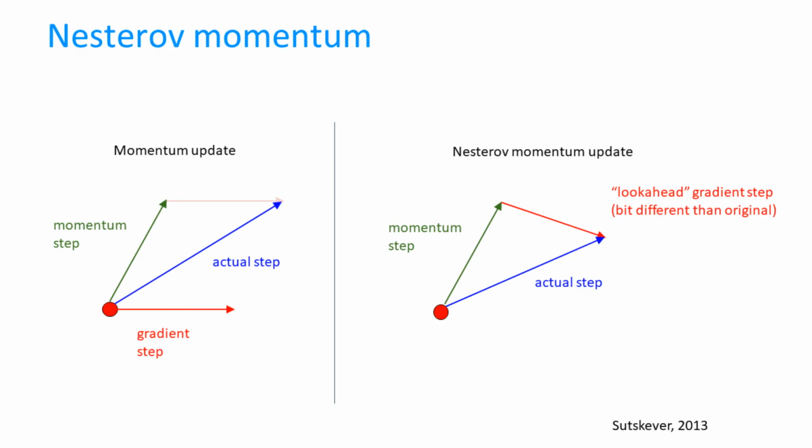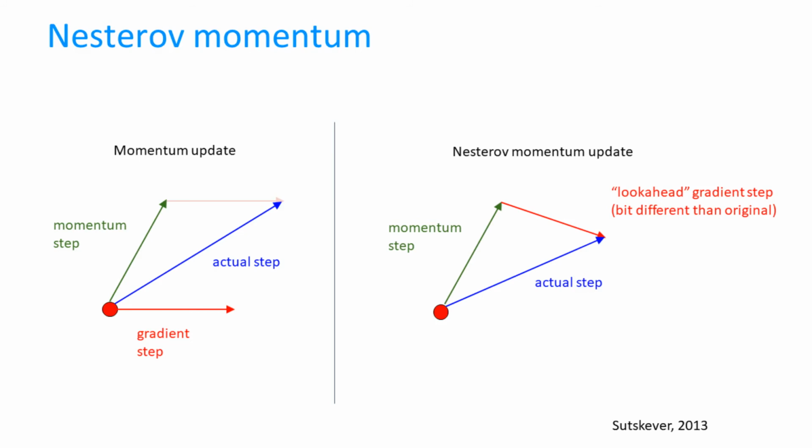Yeah, I think that's a great example. I think of this as basically preventing you from taking a bad gradient step. Suppose our momentum is going to carry us across a valley.